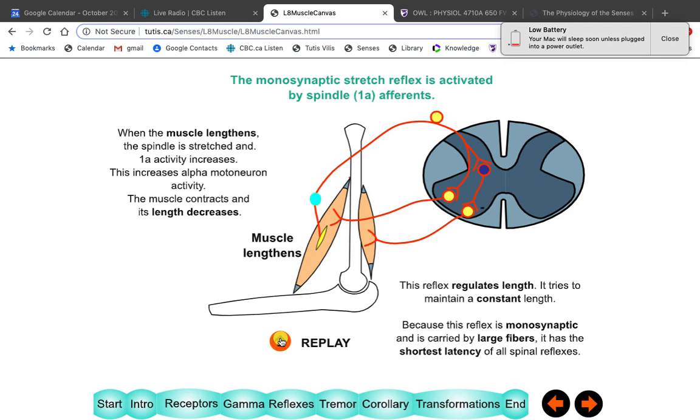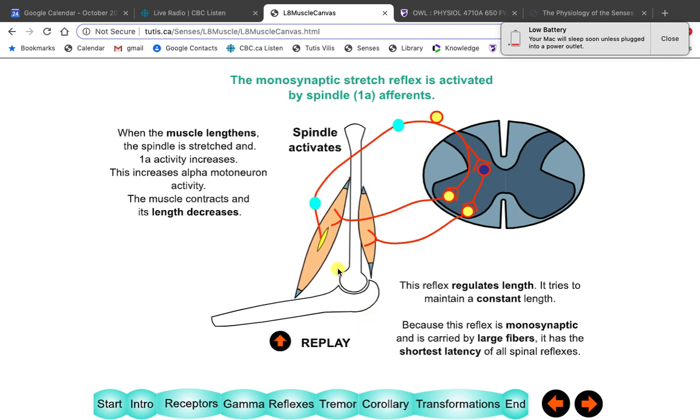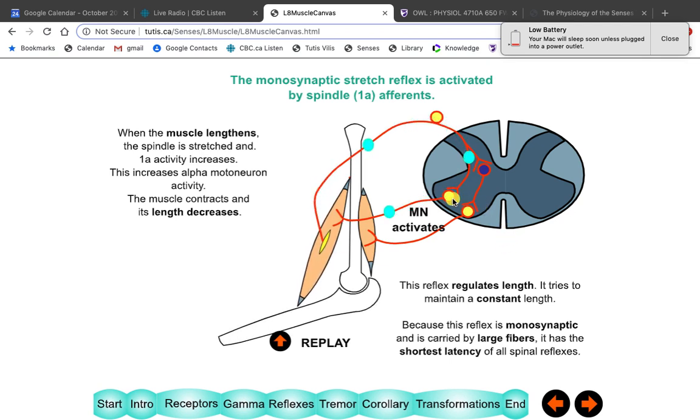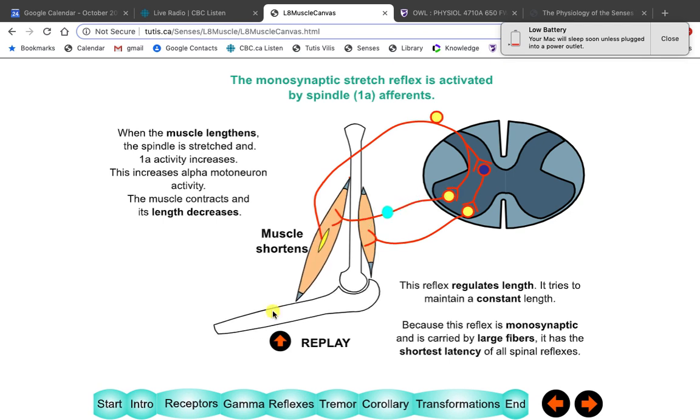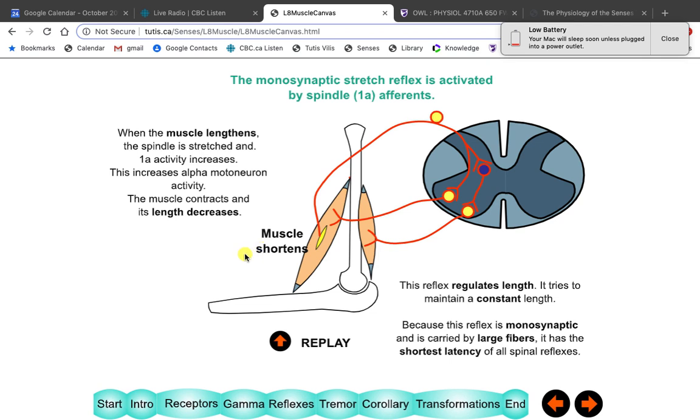When you stretch, you get an increase from the spindle. That spindle activates the muscle through the circuit, and the muscle contracts, and you get back to where you were before. So this is a reflex that regulates length.